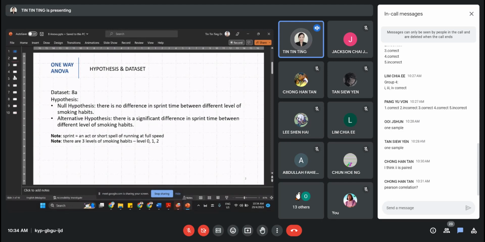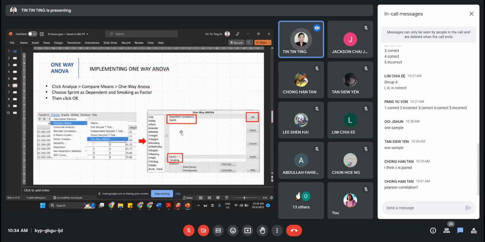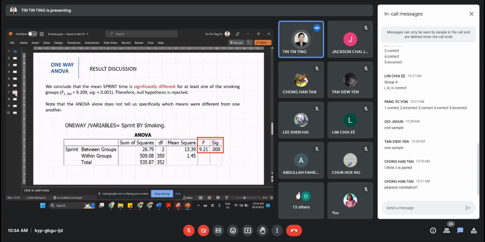Okay. Then you will be able to see the result, which is like this one. If you implement the one-way ANOVA, the result is this slide. Okay, F and SIG. F has to be larger than 1, SIG smaller than 0.05. Then only can you accept your alternate hypothesis.